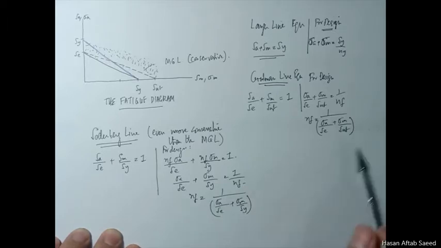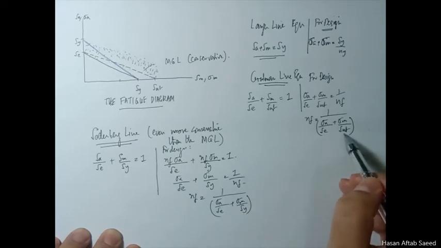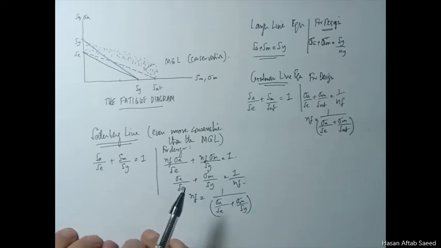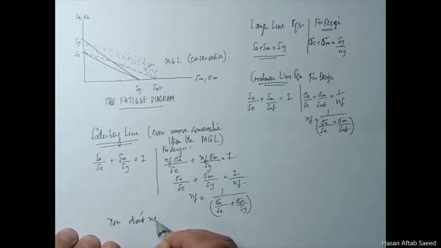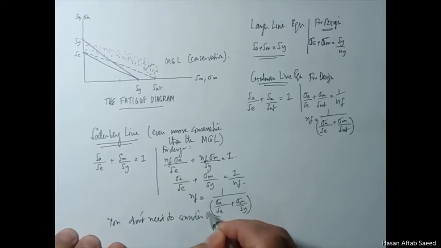The form is the same, the difference being that here you have SY and for Goodman you have SUT. And here you don't need to consider the Langer line.